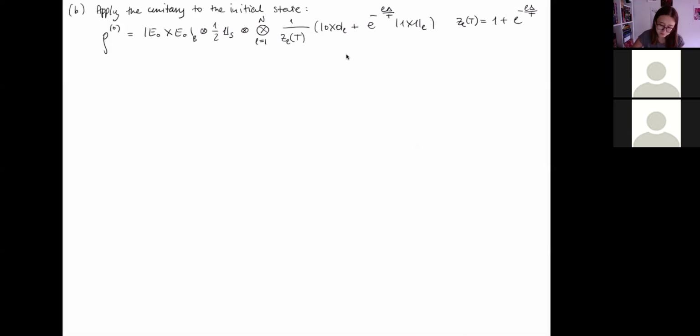Okay, so this we already saw. Just as a note, here I take the Boltzmann constant. In the thermal state, we have exponential e to the power minus energy gap over k Boltzmann T. Here I just take k Boltzmann equaling 1. So I can just absorb that constant into our definition of temperature, and that is fine.